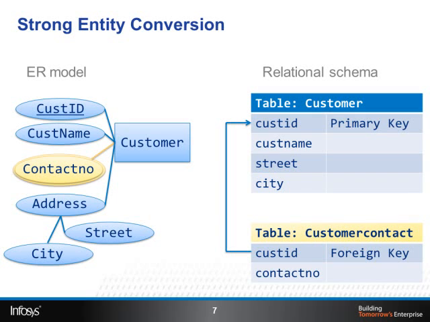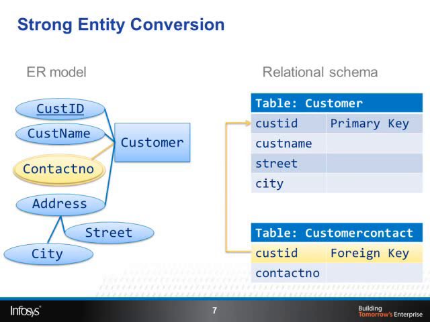Finally, the multi-valued attribute, contact number, will be stored in a separate table. Let's name the additional table customer contact. The table customer contact has two columns, one for the multi-valued attribute and another for the primary key column of customer to enable foreign reference.